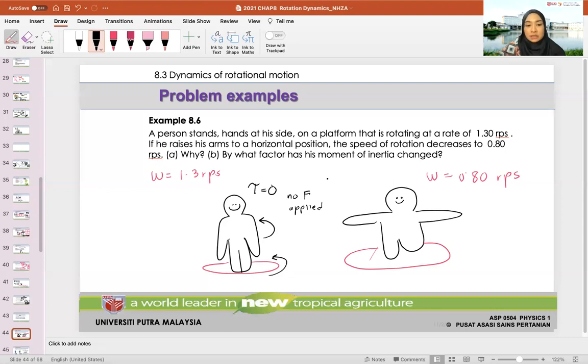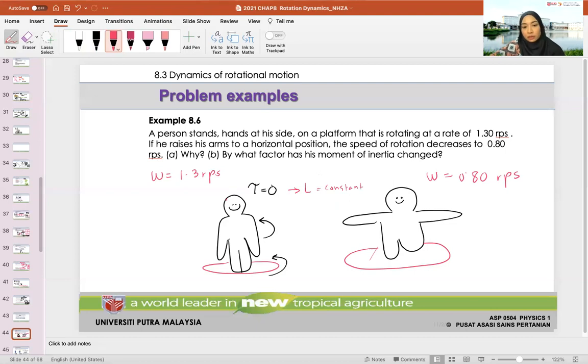Assumption kadang-kadang tak betul. So our assumption is torque is 0 here, therefore angular momentum needs to be, if torque is 0, what does L need to be? Constant. It has to be constant. So L needs to be constant.